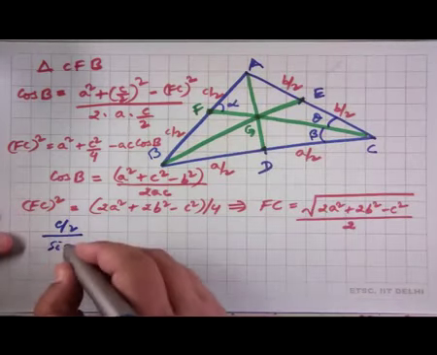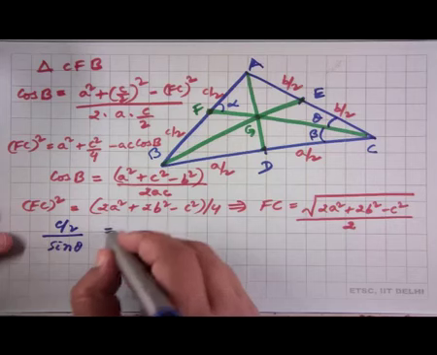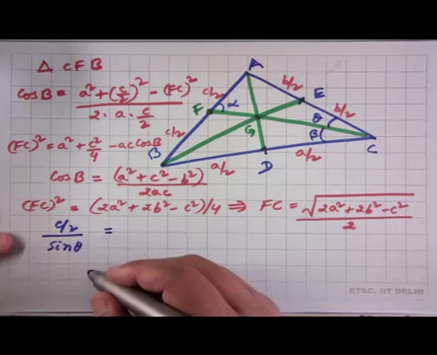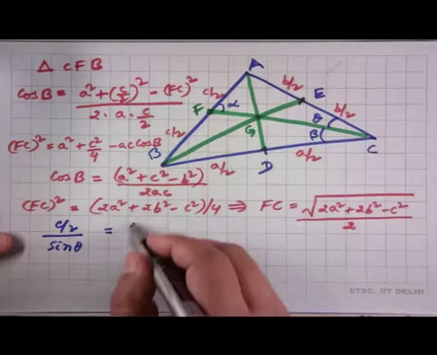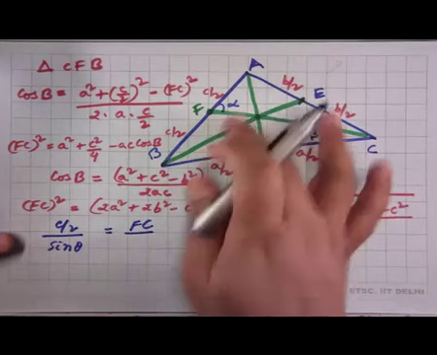So, C by 2 over sine theta equals FC over sine of A.